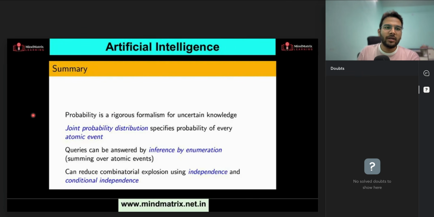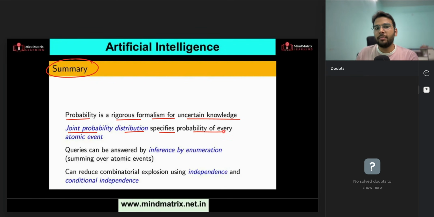Fine. So what is the final summary that we have discussed so far? Probability is a rigorous formalism of uncertain knowledge. Joint probability distribution specifies probability of every atomic event. Any queries can be answered by inference by enumeration.